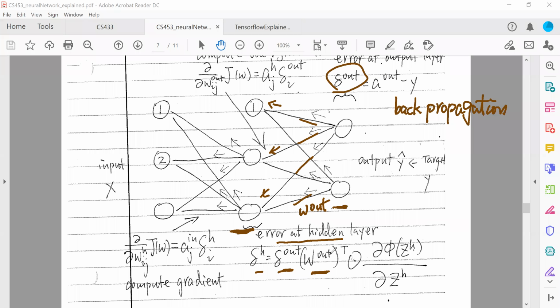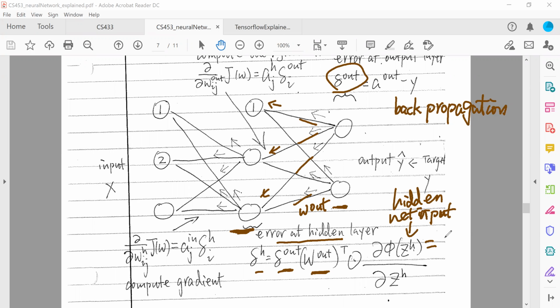So you multiply those, and then you take the hidden layer's net input.